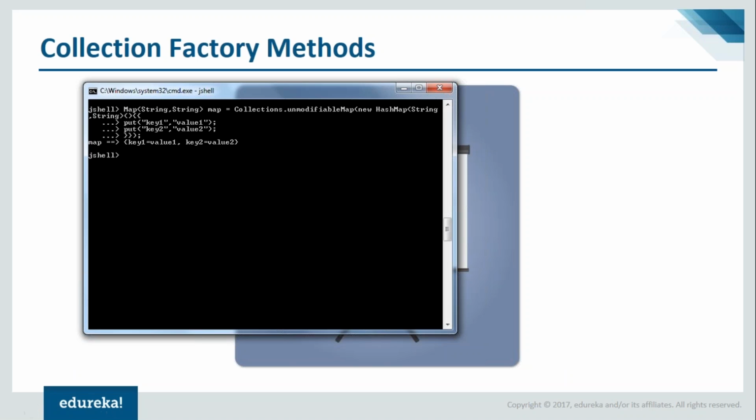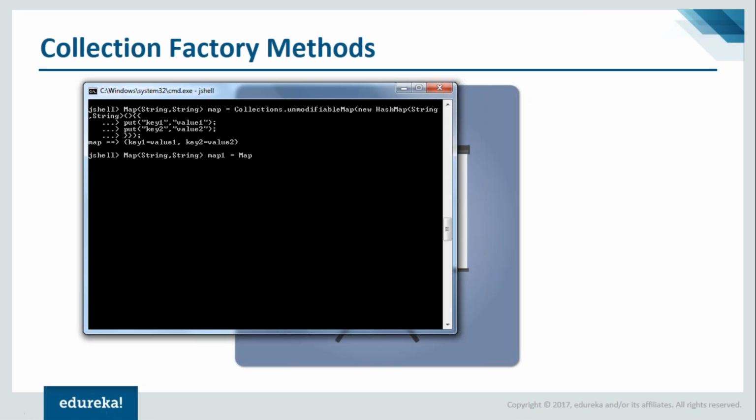Now the same thing can be reduced while using the Map.of method. In that case, you're just going to write Map, specify the type of key and value. First is the key, so let's say String itself, comma, the type of value, then the name of the new map variable. I'm just going to give map1, basically to distinguish both variables.